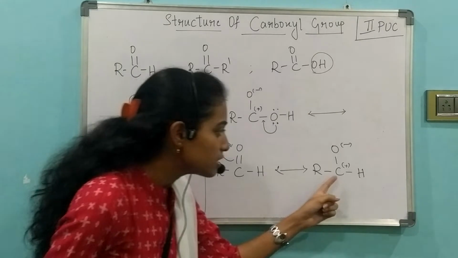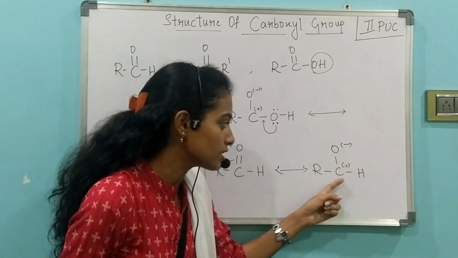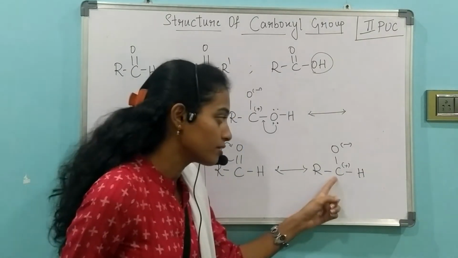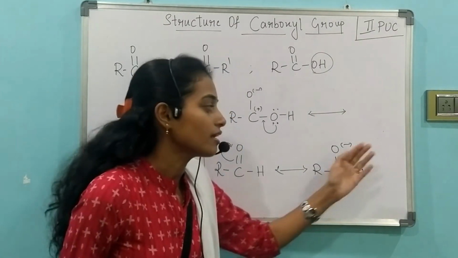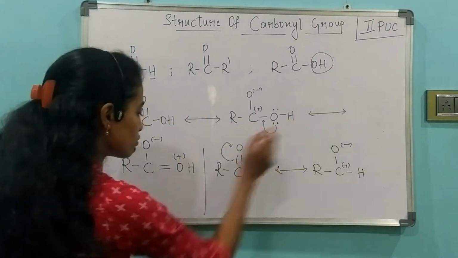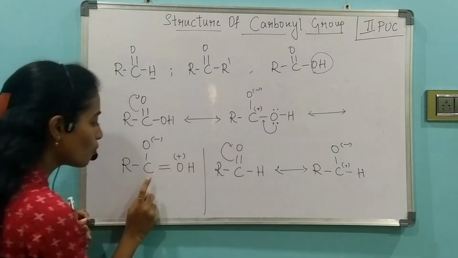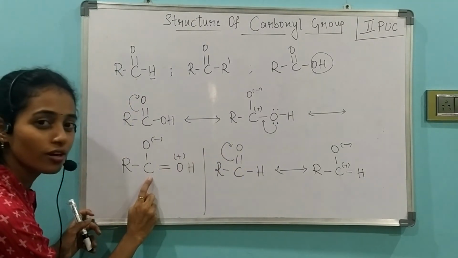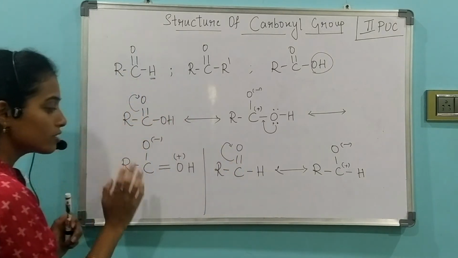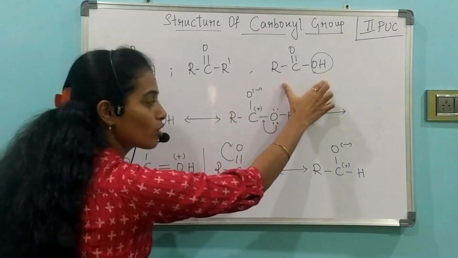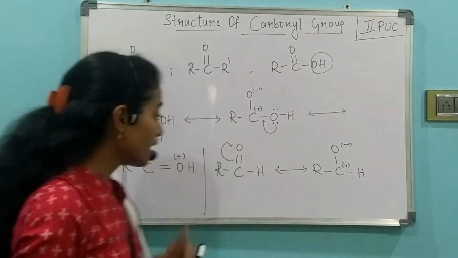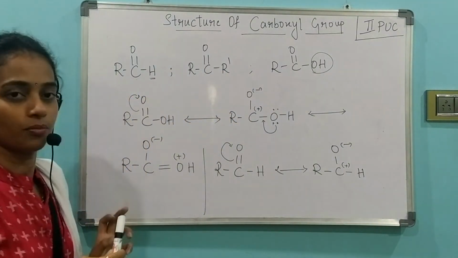See now, this carbon is electrophilic in nature, and I cannot write any other resonance structures for it. The carbon remains electrophilic in nature. Whereas in carboxylic acid, I wrote one more resonance structure, and now the carbon is no more electrophilic. So by comparing this, we can come to the conclusion that the carboxyl group has a lesser electrophilic nature than the carbon present in the carbonyl group.